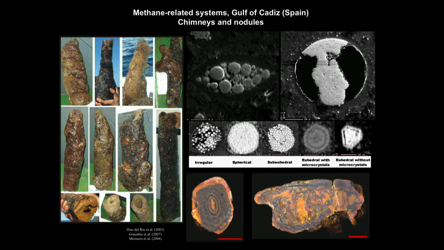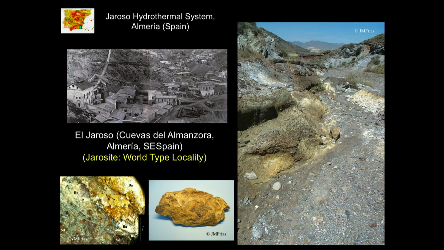Well, this is the Jarroso area. This is the world type locality of jarosite. The Jarroso is also important because simultaneously we can find siderite and jarosite in the same sample, carbonates and sulfates corresponding to different pHs.